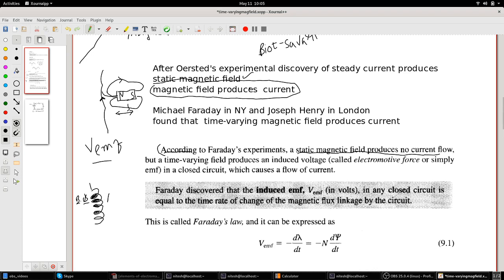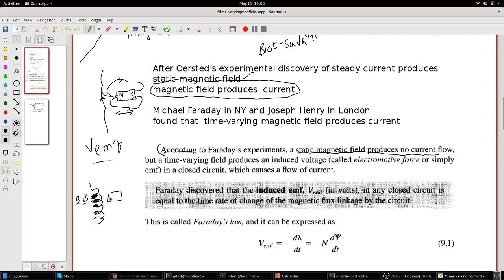So whenever I get a magnetic field here and I keep on moving it, this magnetic field into the area will give me the flux.